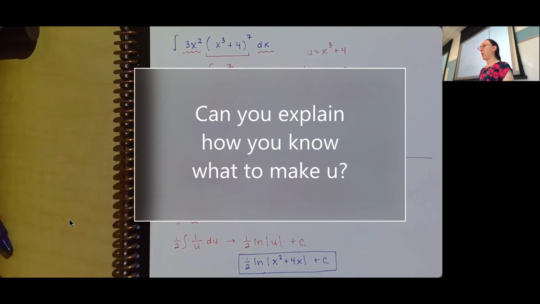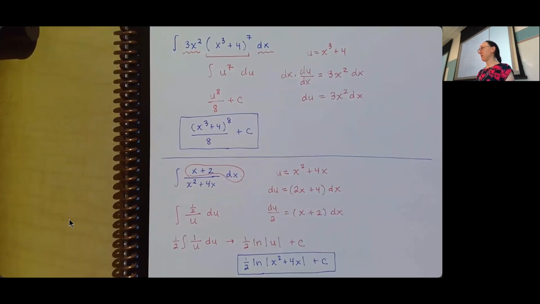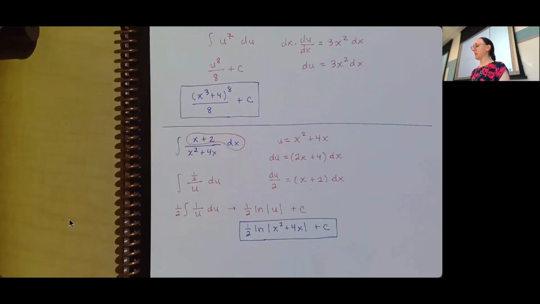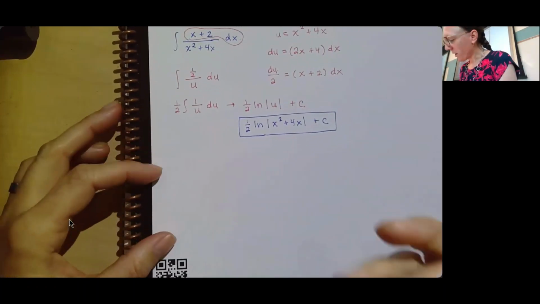Now, if everything is polynomials, that means your u is the one with the higher degree every time. It's not always that obvious. So let's do some more to practice finding what that u is. I think I can squeeze one more in here.